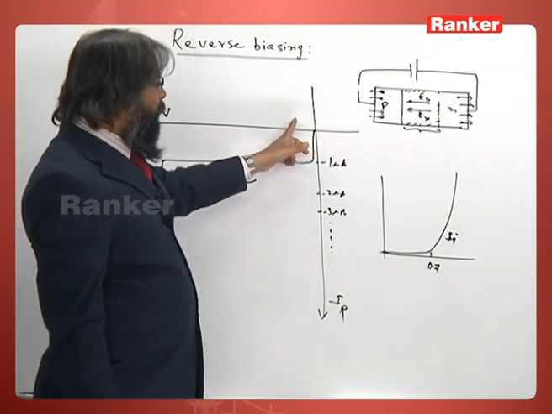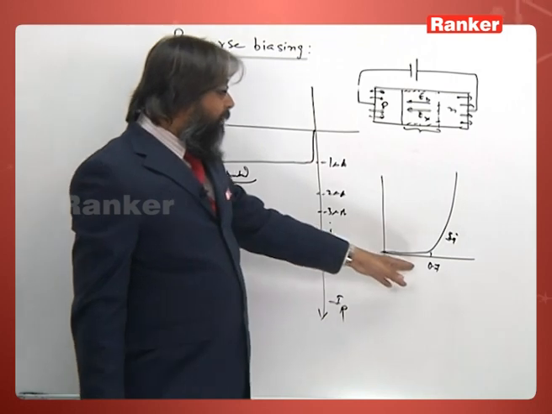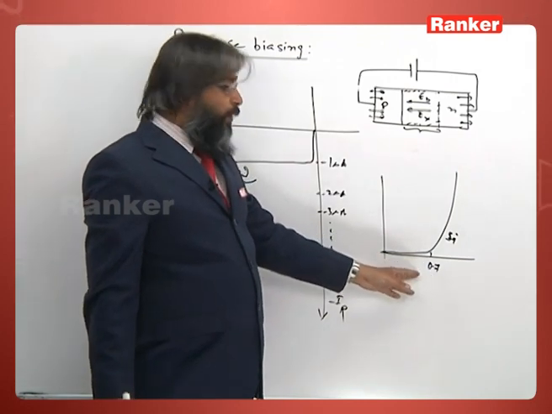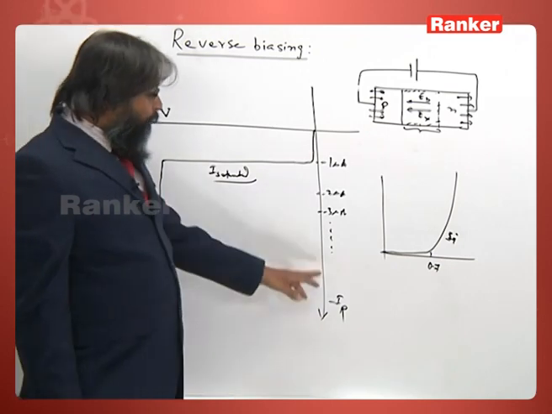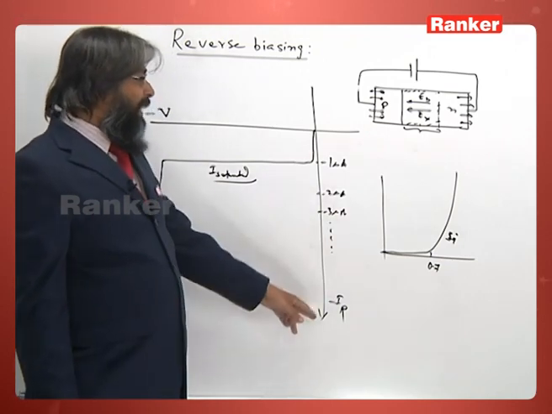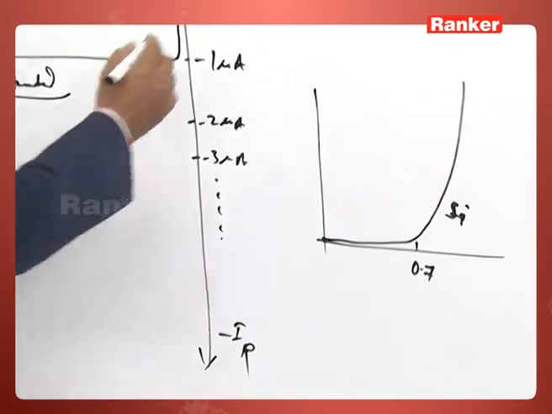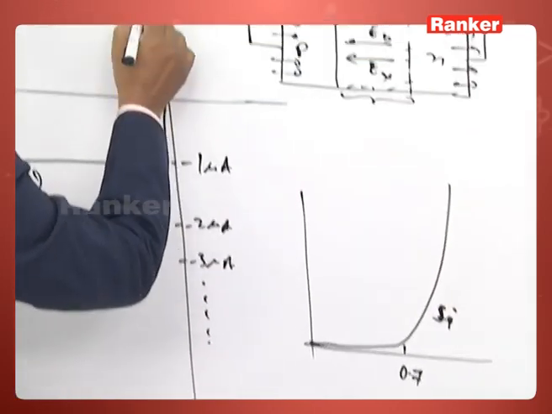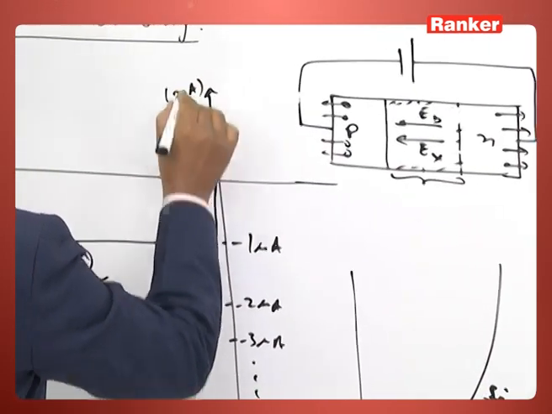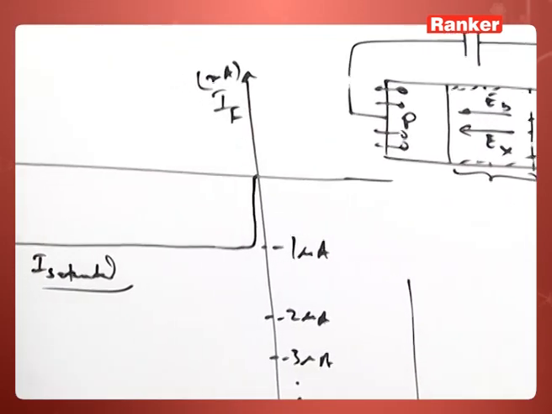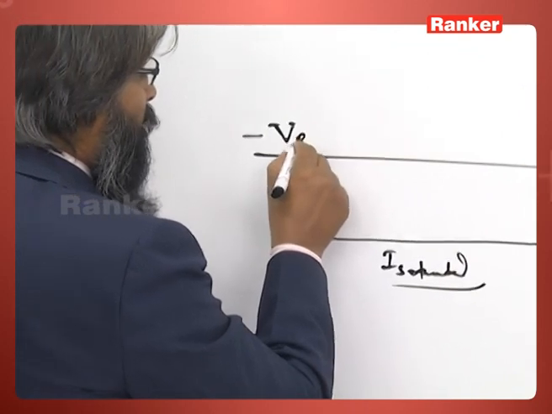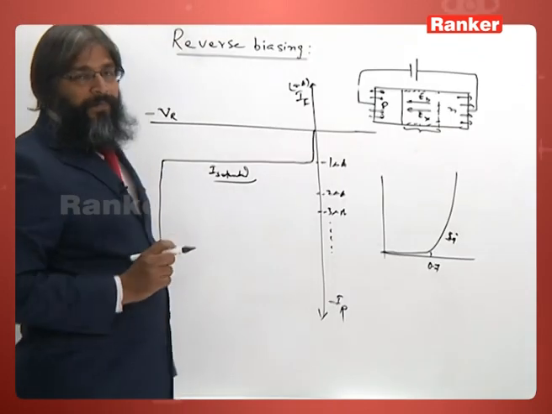So no appreciable voltage is required, like 0.7 for silicon and 0.3 for germanium, in reverse bias. The order of current is important: it is in milliamperes for forward bias and in microamperes for reverse bias. This is your forward current plotted here. This is your reverse bias, minus VR.